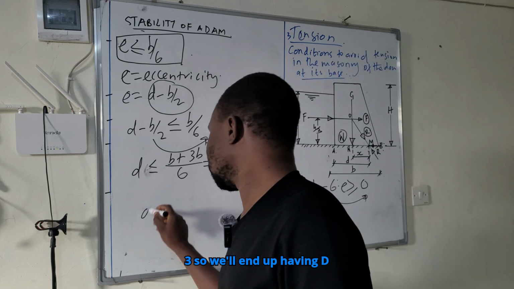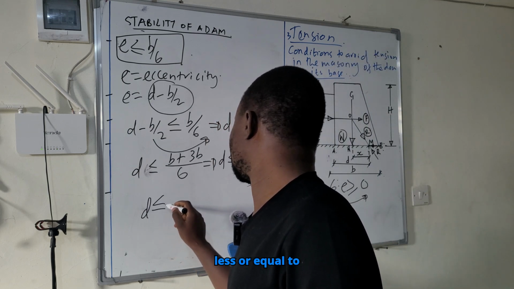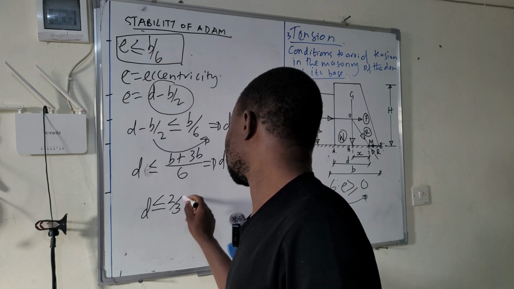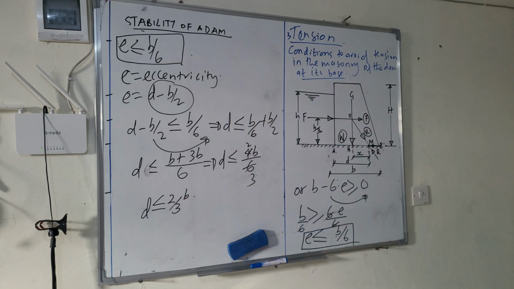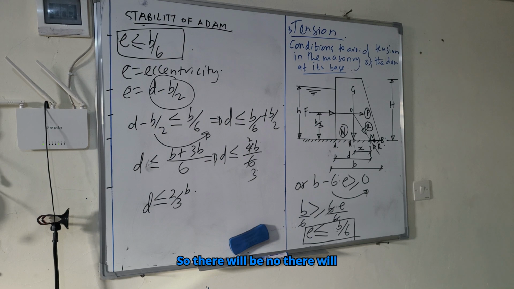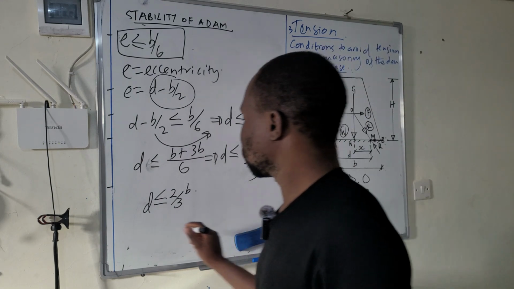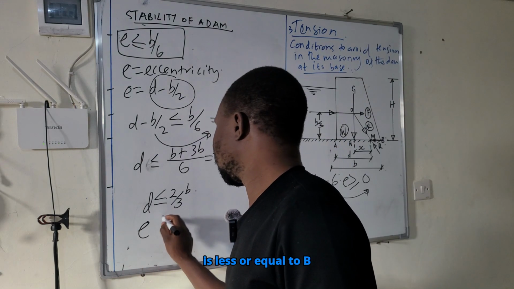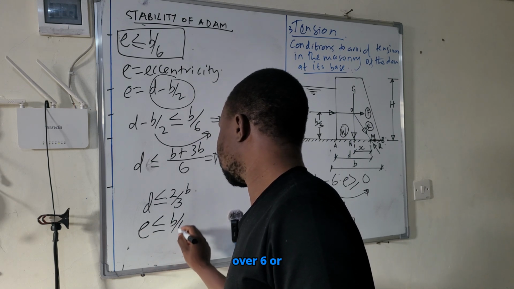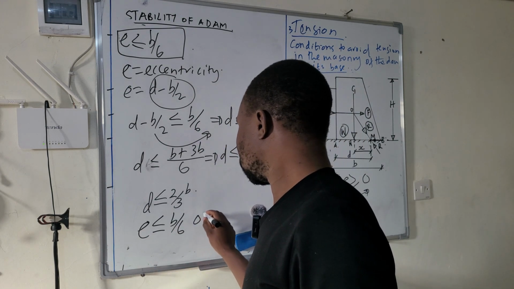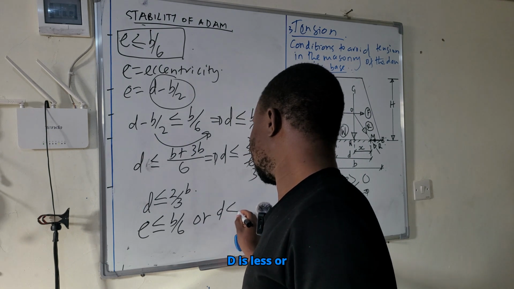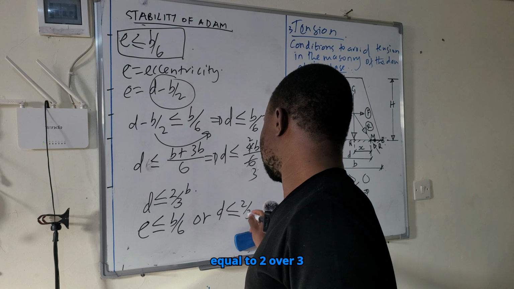So we'll end up having D less or equal to 2 over 3 B. So there will be no tension in masonry of the dam at its base if E is less or equal to B over 6 or D is less or equal to 2 over 3 B.